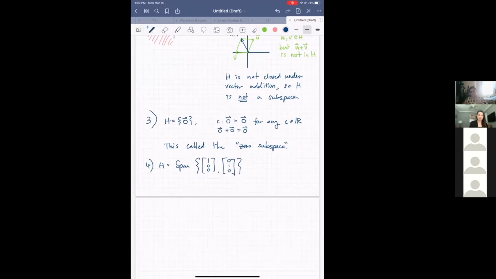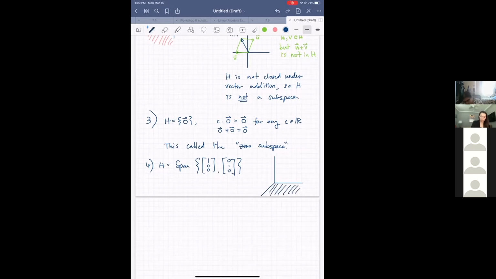But if we want to visualize it, this is going to be in R3. Our space looks like this. It is just the first two coordinates that are non-zero, and so it's any linear combination of those.